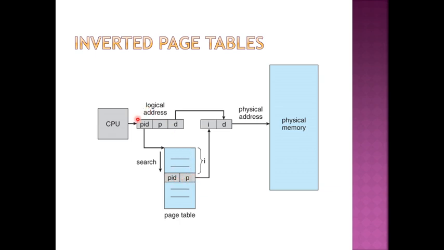So the PID and P are taken and compared with the contents of the entries of the page table. For example, if this is 1 and this is 6, then 1 2 is compared, 1 3 is compared, 1 4, 1 5, 1 6, until I get a match of the PID and P. I have to keep on comparing.